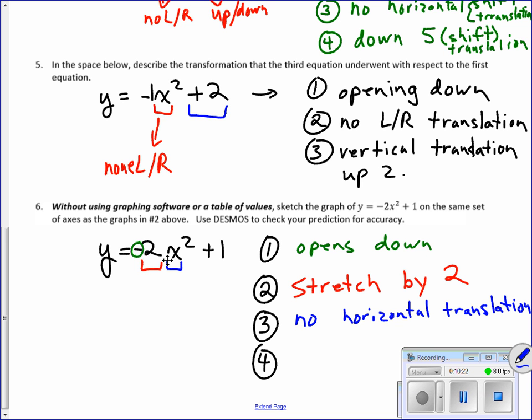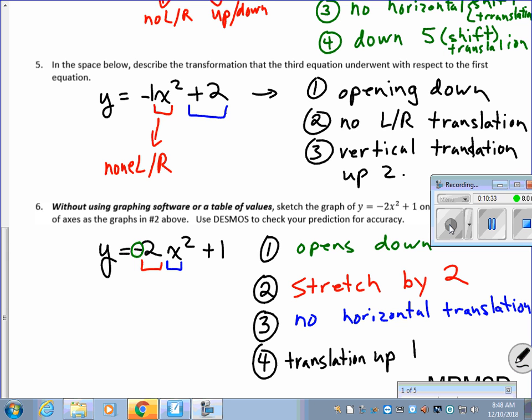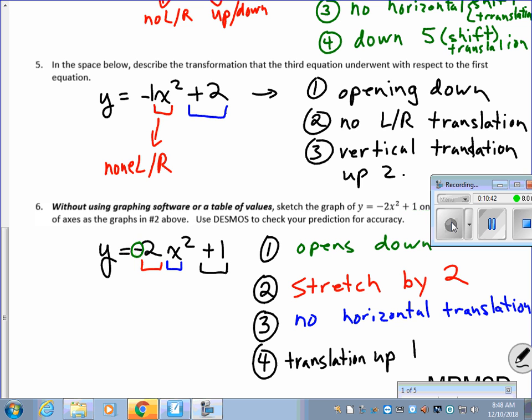If it was in brackets, x minus something or x plus something, then there would be a shift, but it's not, so there is none. And the vertical translation is up 1 due to this part of our equation, the plus 1. You can always substitute the word shift for translation anytime you do these problems.